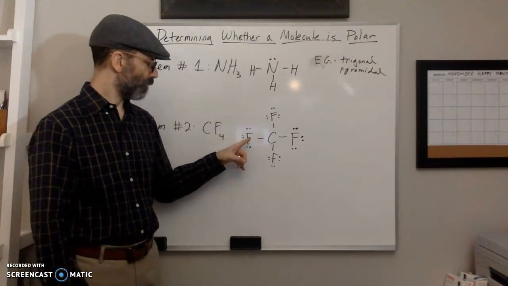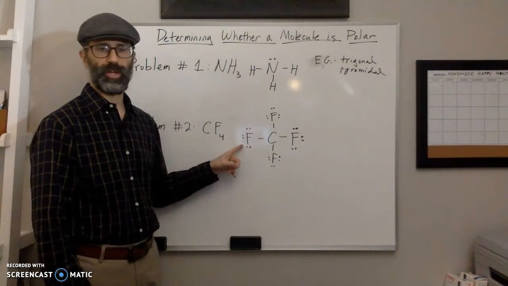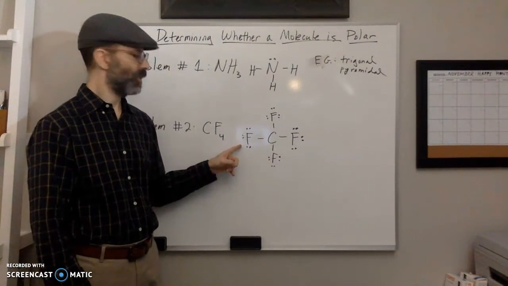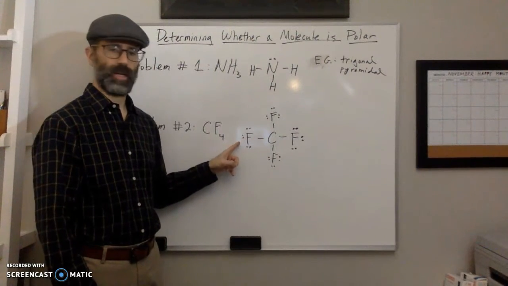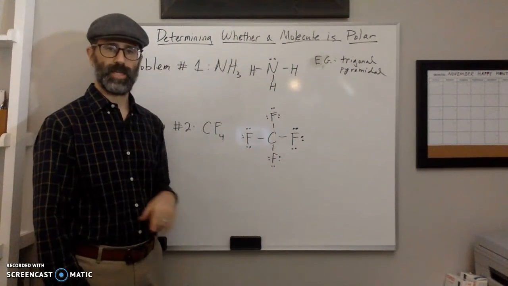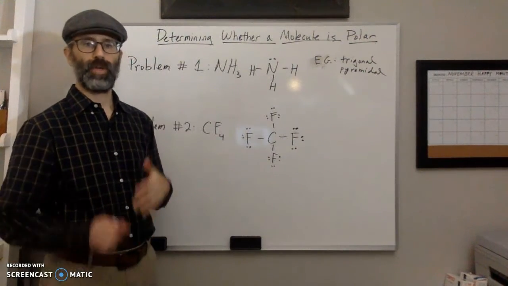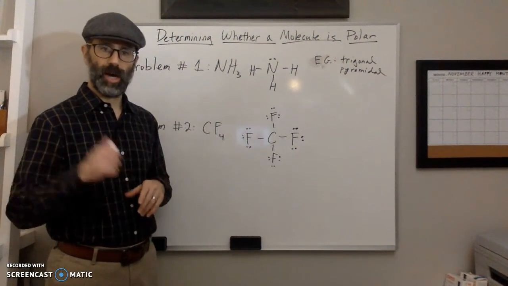You're looking at the electronegativity difference between carbon and fluorine. Fluorine is your most electronegative atom, so there's going to be a larger difference between carbon and fluorine. So there's a large difference there, so each bond is polar. So you've got polarity in the bond. Great. So you check that off.